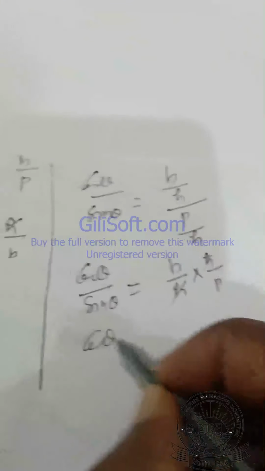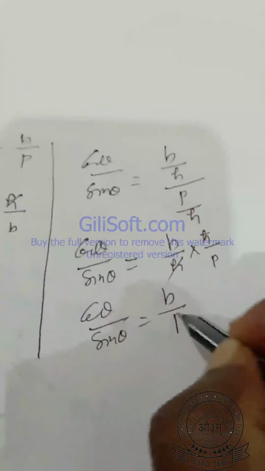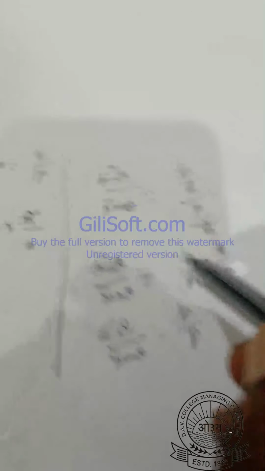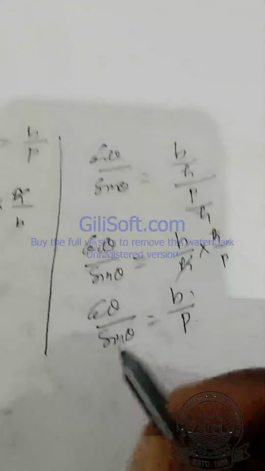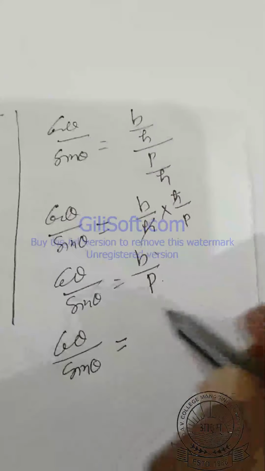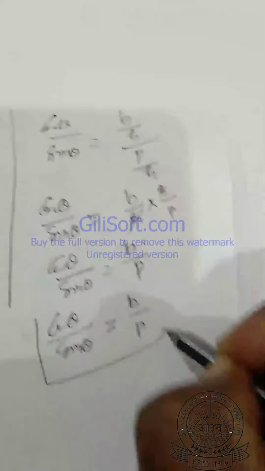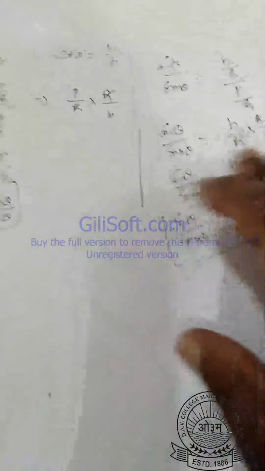Look here, cos theta by sin theta we get base by perpendicular, and we know that base by perpendicular means what? Cot theta. So right here cos theta by sin theta is equal to base by perpendicular. They are some rules.